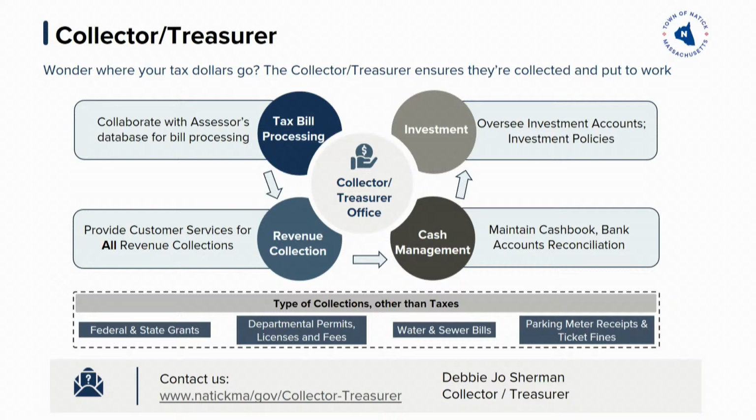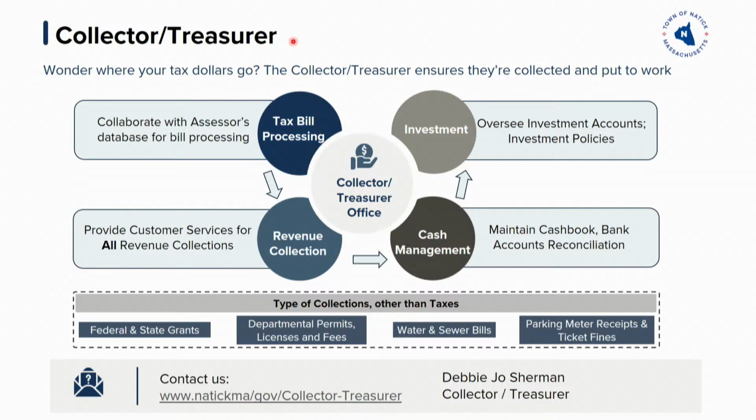First off, you might ask, why is this called collector treasurer? Can't you make up your mind? Shouldn't it just be one or the other? It actually used to be two: collector, elected, and treasurer, elected. That's quite a while ago, even a little before my time. However, at some point they realized that didn't make a lot of sense for workflows and the ability to do the job.